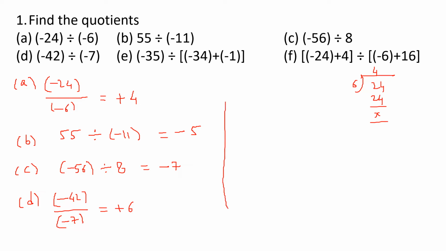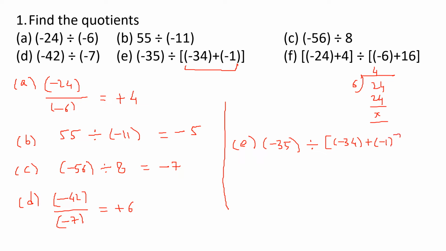Now let us solve the last two parts, that is the E part. If you observe carefully, before you proceed for division, you have to solve the inside of the bracket. As per BODMAS rule, first I have to solve the numbers inside the bracket. So minus 34 plus minus 1. Let us solve them. I can write the whole question: minus 35 divided by, in big brackets, minus 34 plus minus 1.